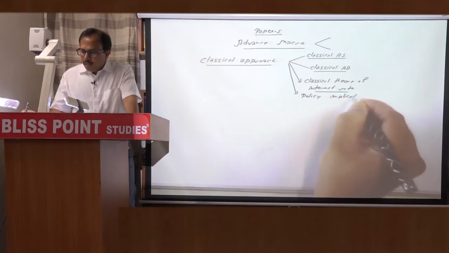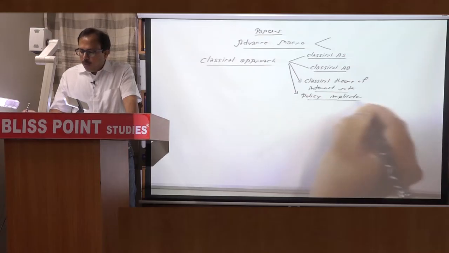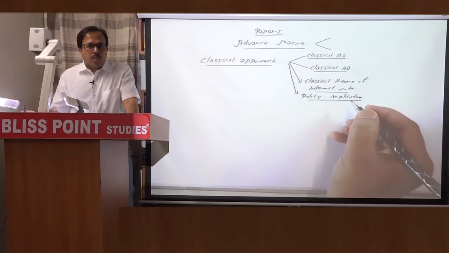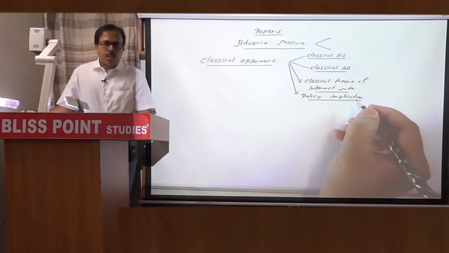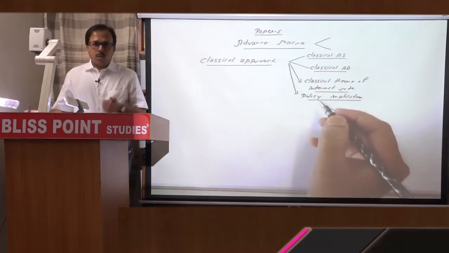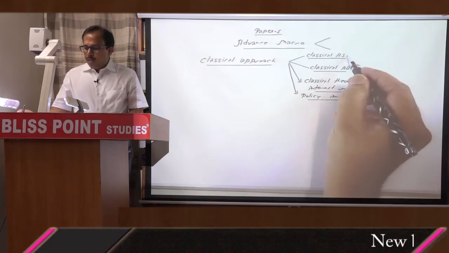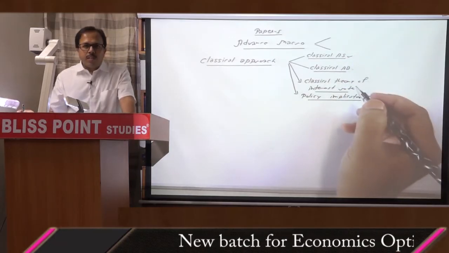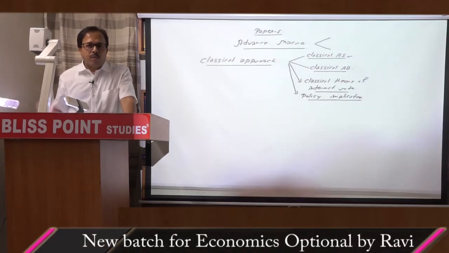Policy implication, that means what will be the implication of policy on the economy. So fiscal policy implication, monetary policy change implication, but to explain that we need tools, and they will be provided by the aggregate supply curve, aggregate demand curve, and the classical theory of rate of interest, which is known as the loanable fund theory of rate of interest.